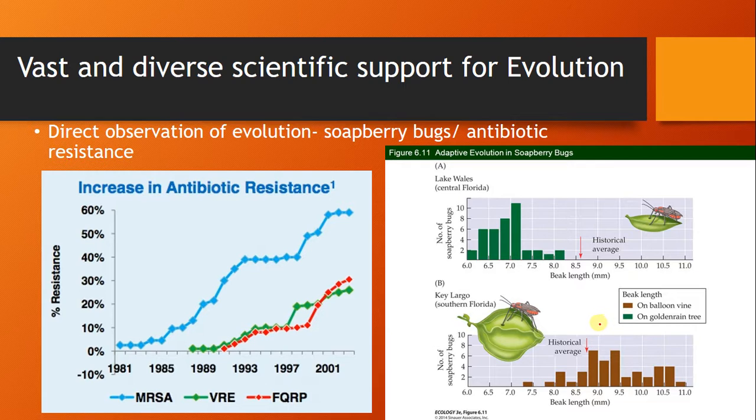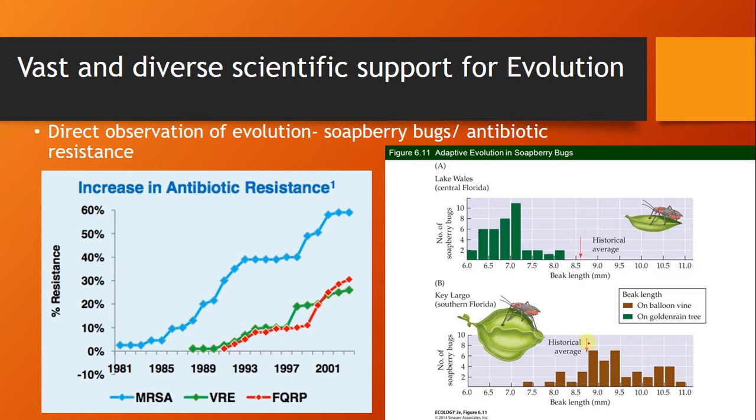And historically, this balloon plant on a golden rain tree was very large, and so the soapberry bugs that fed on this large, thick-skinned golden rain tree fruit had to have very long beaks that could pierce through it and get the juicy nutrients on the inside. And so, on average, they had long beak lengths.